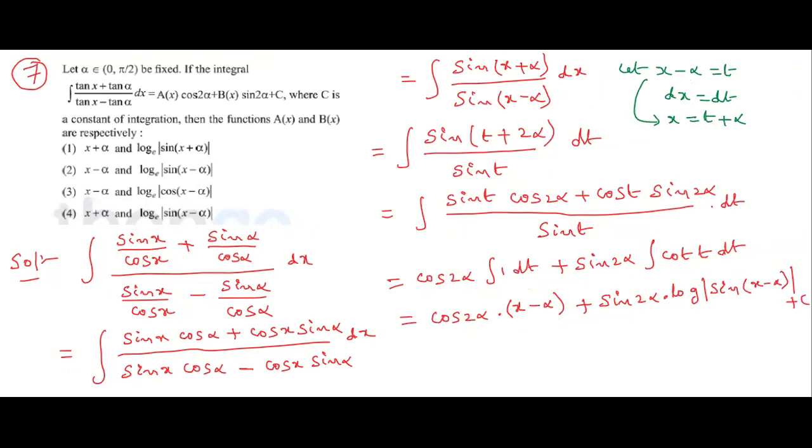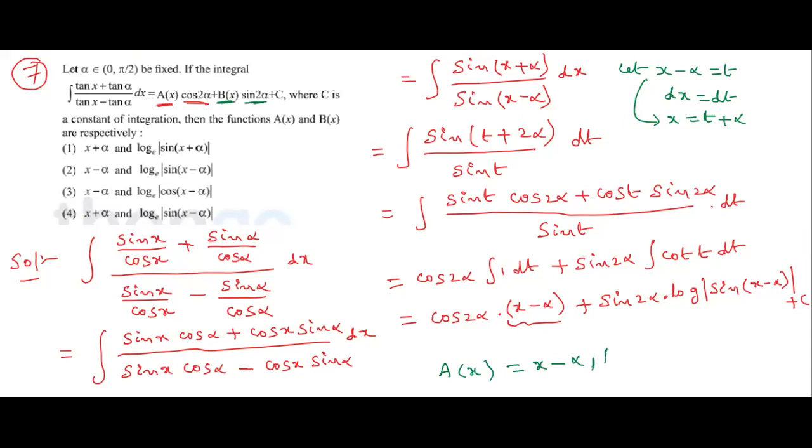Now observe the question and answer. What is the coefficient of cos 2 alpha? A of x. So here a of x is x minus alpha. A of x is equal to x minus alpha. Similarly, what is the coefficient of sin 2 alpha? B of x.